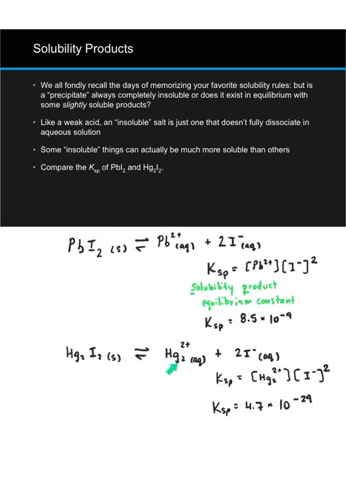This suggests that there are far fewer ions produced from Hg2I2 at equilibrium than there are from PbI2 at equilibrium. The more soluble of these substances is PbI2. On the basis of comparison of the KSP, the solubility product equilibrium constants, for these two substances, we say that PbI2 is a much more soluble compound than Hg2I2.